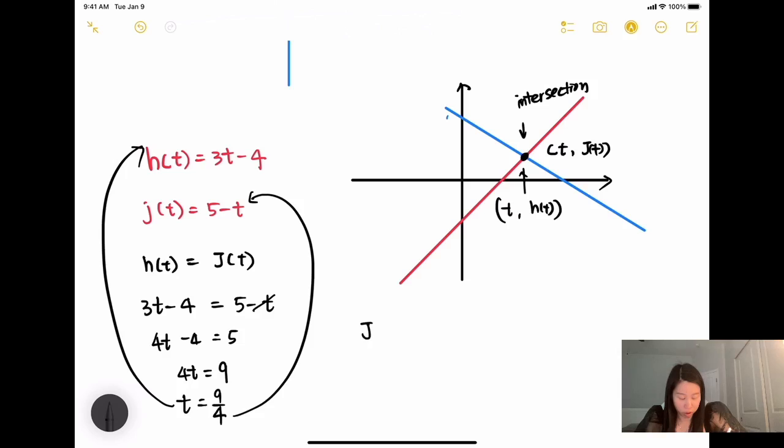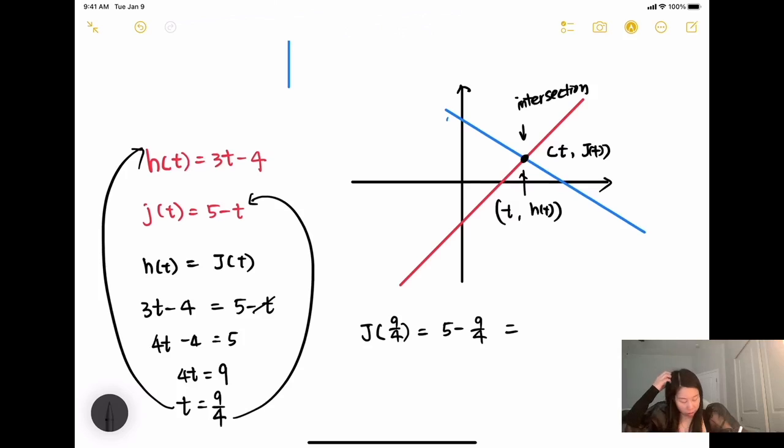So j of 9/4, I have 5 minus 9/4. When you calculate that, you will have 11/4. So the y-coordinate should be 11/4. So that means this intersection point is going to be 9/4 and 11/4.